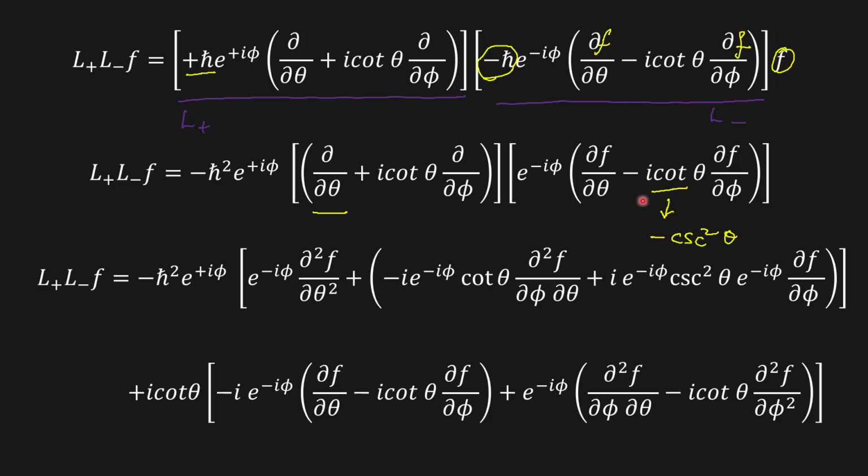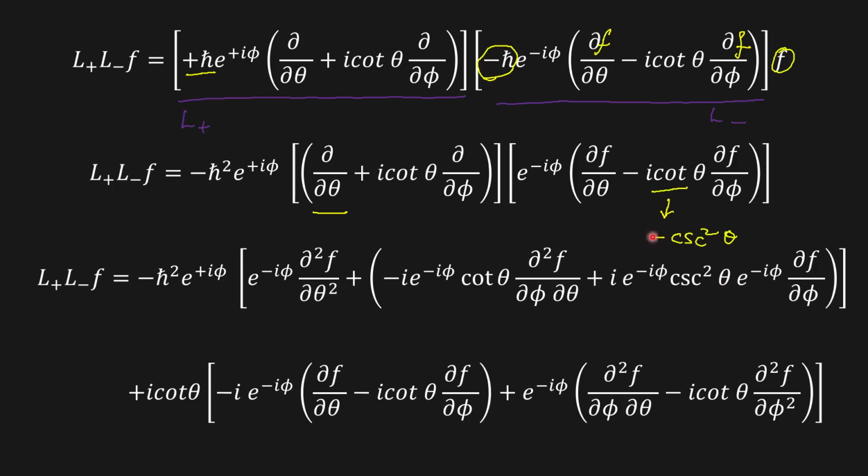There is already one minus here; minus of minus will become plus. So this is plus. You have i here and e to the power minus i phi here, and if you differentiate cot theta, you will get minus cosecant squared theta, so you can write cosecant squared theta.